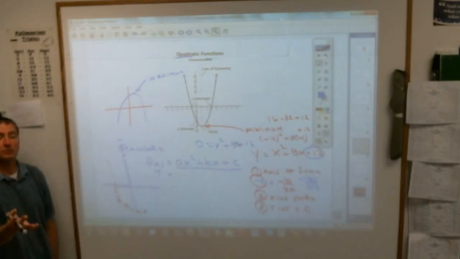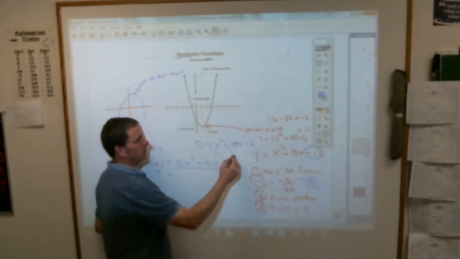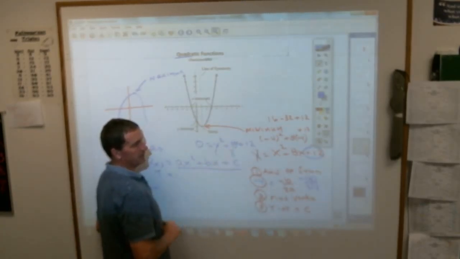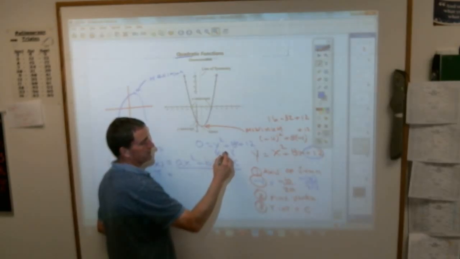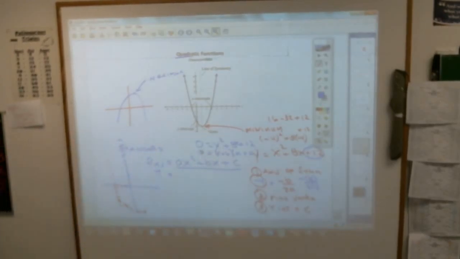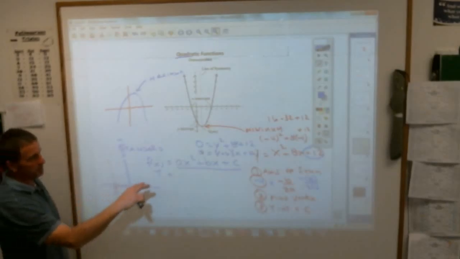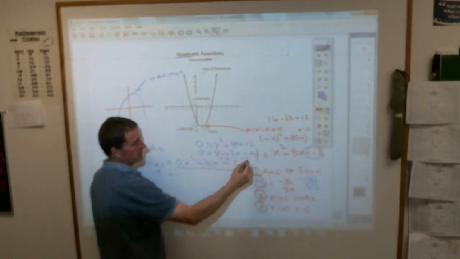Well, one way is to factor this. Does this factor out? What times what gives me 12 and added together gives me 8? 6 and 2, right? So x plus 6, x plus 2, but I'm solving that for 0, so when will these be 0? When x is negative 6, when x is negative 2.